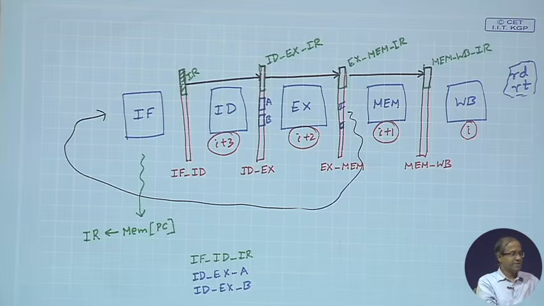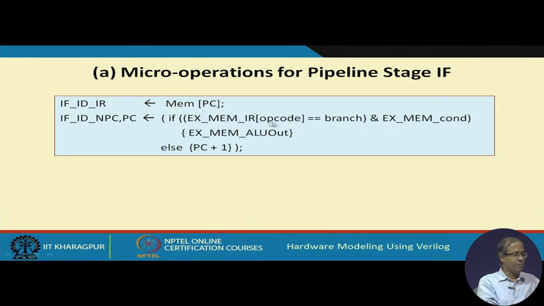So, if EX/MEM opcode is branch and EX/MEM cond was true, then the branch target address you have calculated in EX/MEM ALUOut will be assigned both to IFID NPC and also to PC. Else, if it is not a branch or the branch condition is not true, then simply PC plus 1 will be assigned to these two.